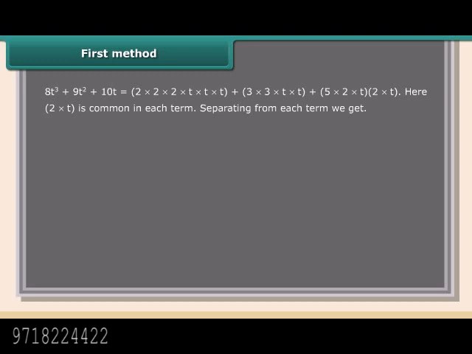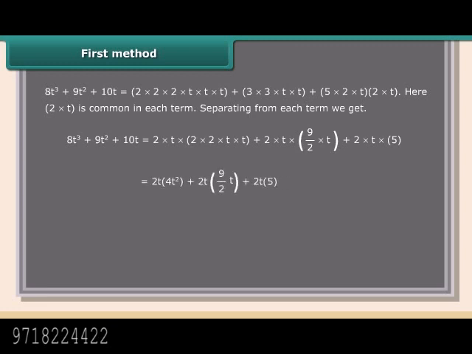Separating from each term we get 8t cubed plus 9t squared plus 10t is equal to 2 into t into 2 into 2 into t into t plus 2 into t into 9 upon 2 into t plus 2 into t into 5, which is equal to 2t into 4t squared plus 2t into 9 upon 2 into t plus 2t into 5 is equal to 2t into 4t squared plus 9 upon 2 into t plus 5.